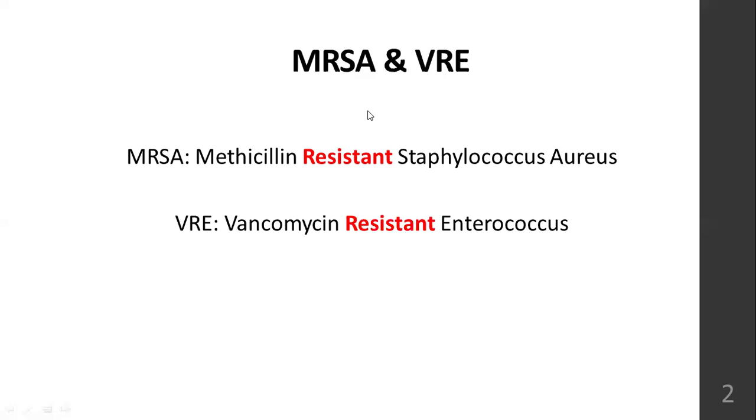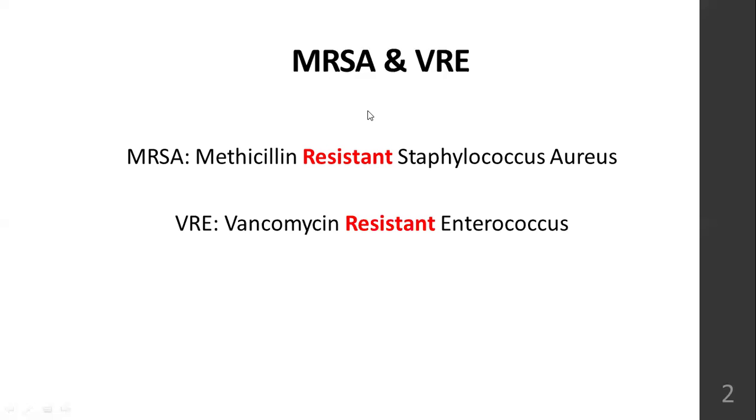Then we have VRE, vancomycin-resistant enterococcus infection. It is an intestinal infection, and the Enterococcus bacteria is the causative agent here. Earlier, enterococcus infections were treated with vancomycin, a powerful antibiotic, until the early 2000s, when a vancomycin-resistant enterococcus strain was discovered.